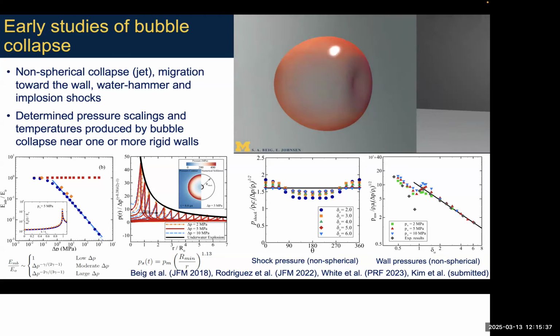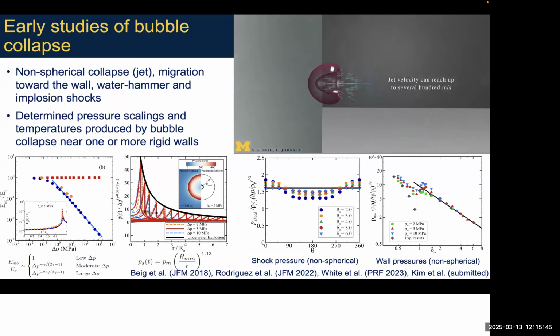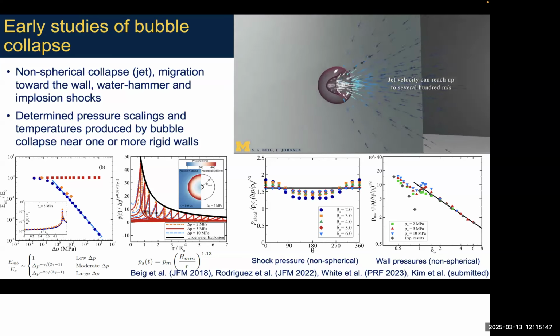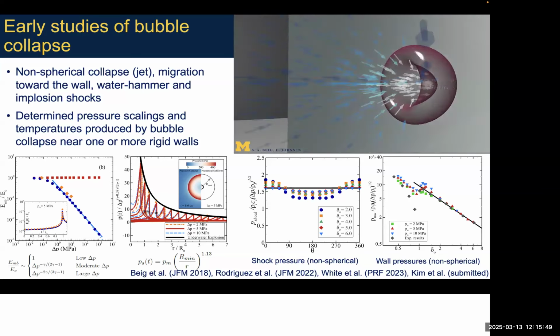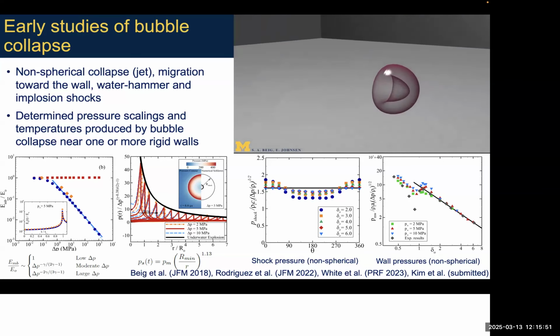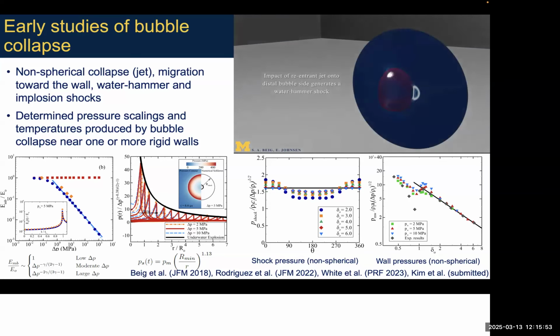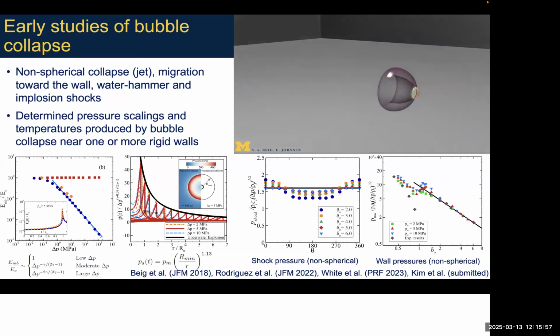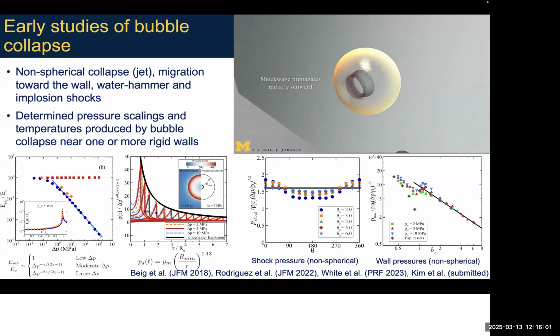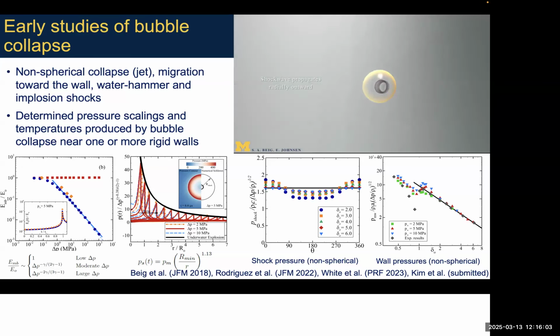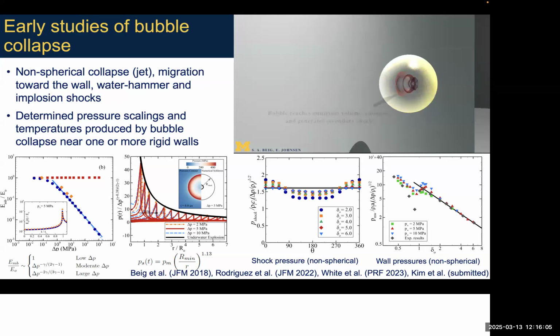We've done quite a bit of work looking at the implosion phase, the collapse phase, and the emission of the shockwave, and how the shockwaves have similar features that allow us to develop a model for the pressure some distance from that collapsing bubble, or more generally the pressure generated on the surface near the collapsing bubble.